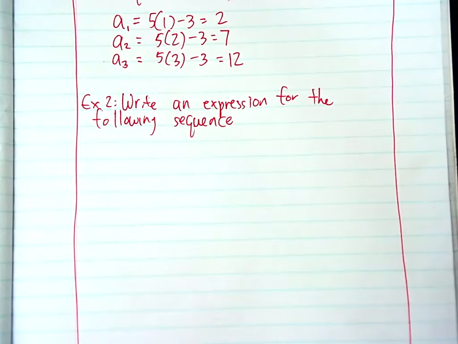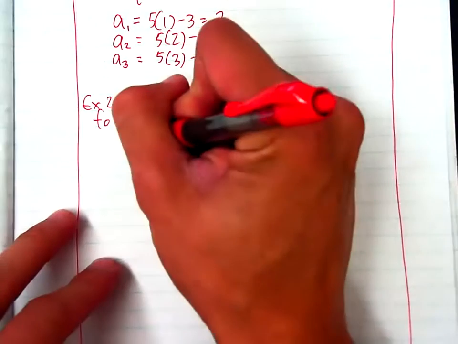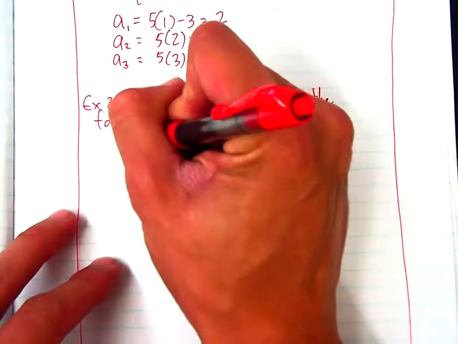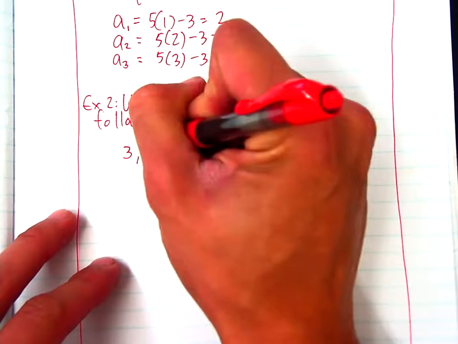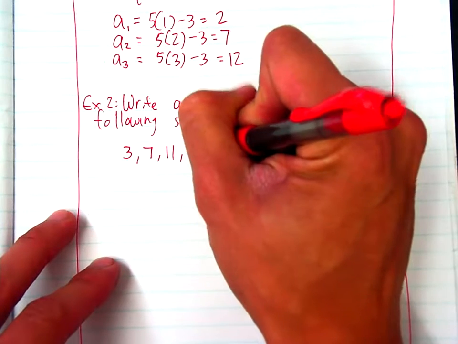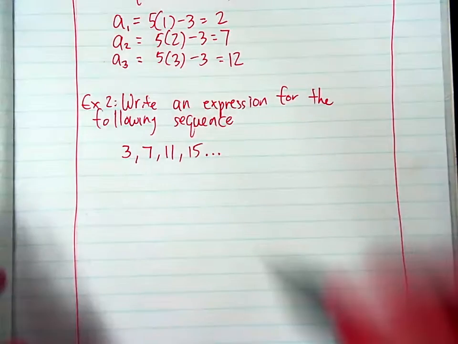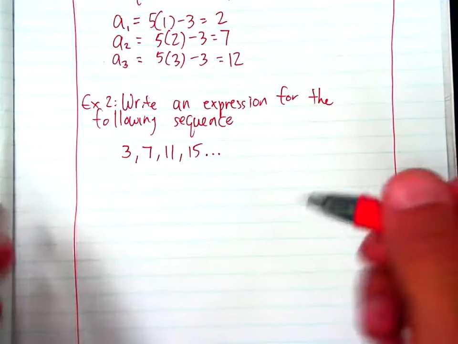Okay, so there are certain rules that you have to follow, so I'll just give you a couple examples. So let's do something like 3, 7, 11, 15, ... Okay, so that's a sequence, and I'm going to write an expression for that.